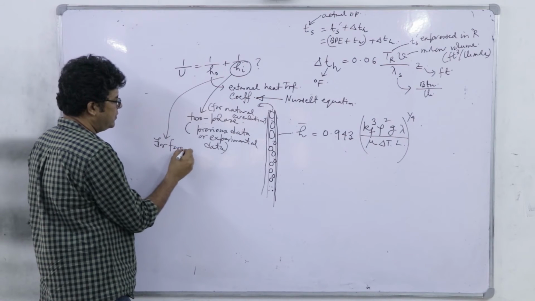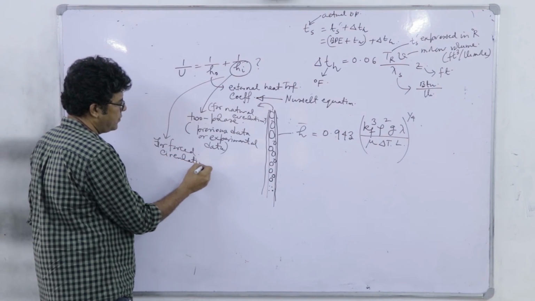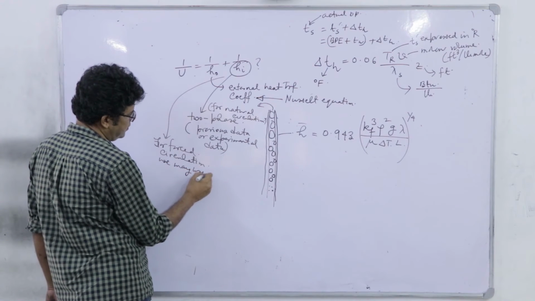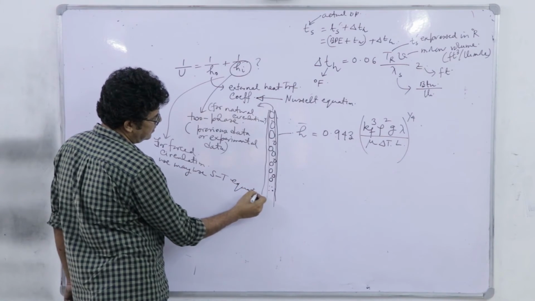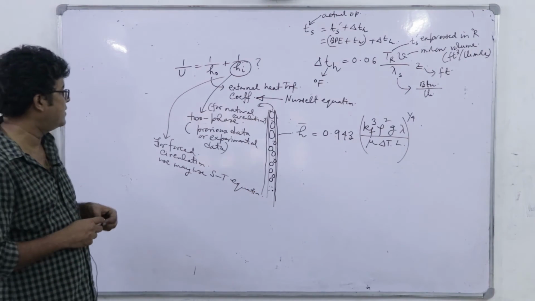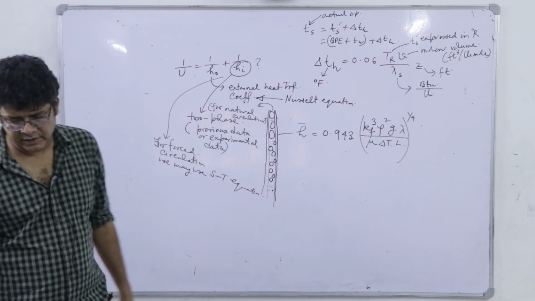For forced circulation we may use the Colburn-type Sieder-Tate equation, right? So by Sieder-Tate we can solve, because there is no vaporization, no two-phase generation. So simply we will use Sieder-Tate.